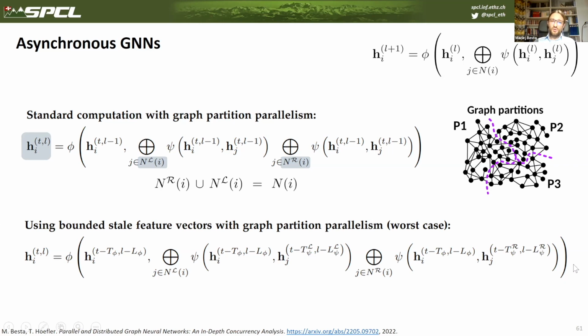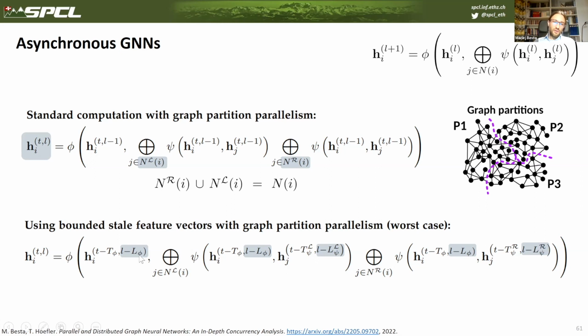Now moving to the bottom equation, this is exactly how we introduce the staleness, how we can do it at the level of the model formulation. So we have now, for example, here in the GNN layer index, parameters that introduce the staleness. For example, this big L with phi is a user parameter that specifies how far, in the worst case, we can go to fetch the feature vectors from some GNN layer which is far behind in the computation, right?